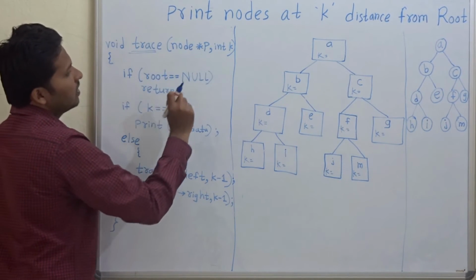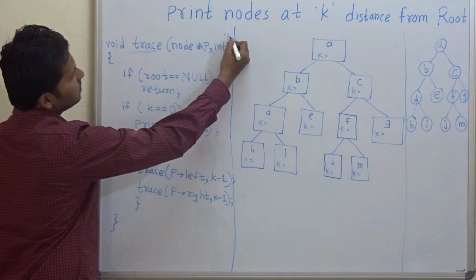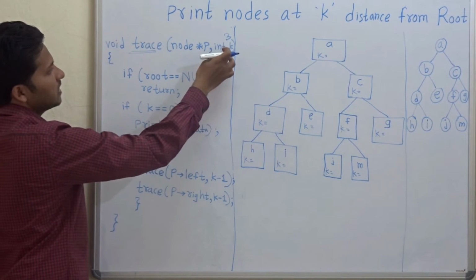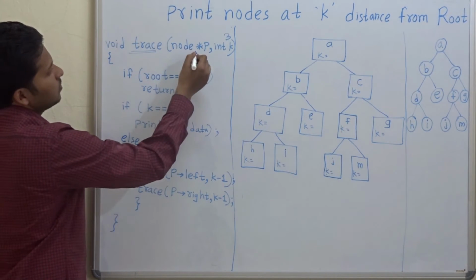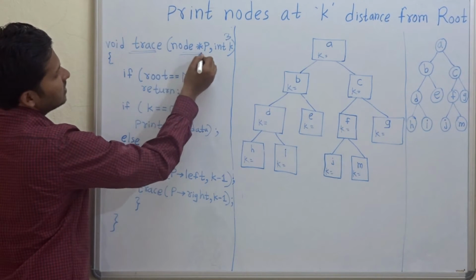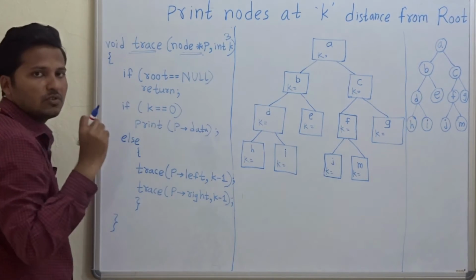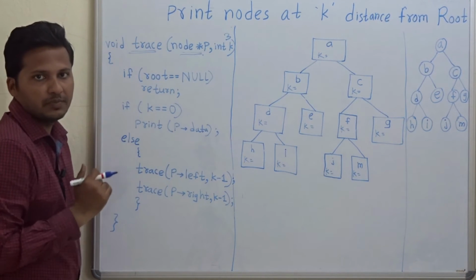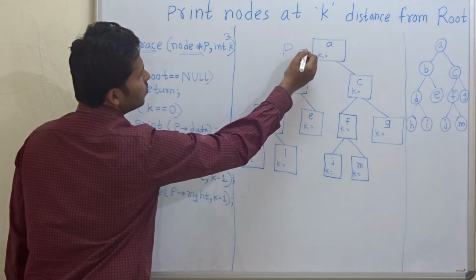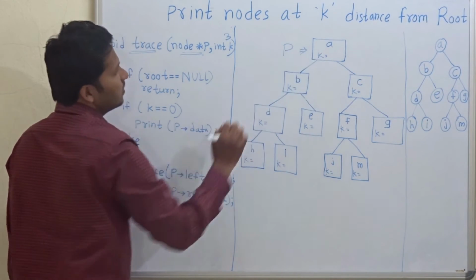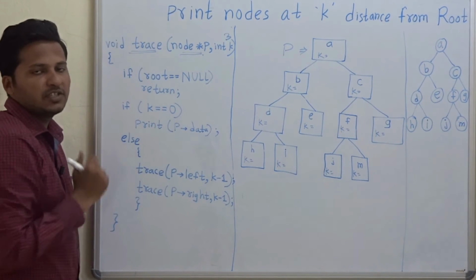For example, if the distance is 3, then k is equal to 3. Now Node star p is the parameter which holds the root of the tree at the beginning. So obviously p will point to the root at the beginning of this execution.